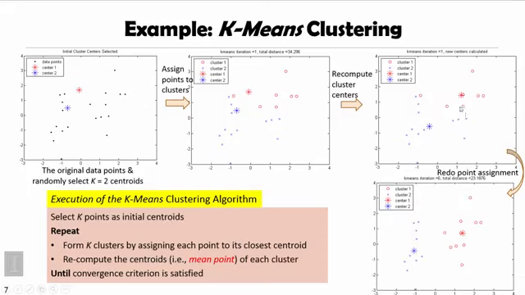In this case, you can see some of the blue points are assigned to the red cluster, and this red one is assigned to the blue cluster. Then we calculate the centroids again. So this repeats until it becomes stable, or until the difference in assignments becomes really, really small.